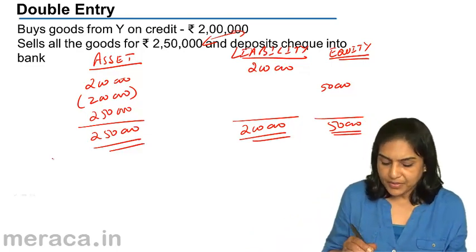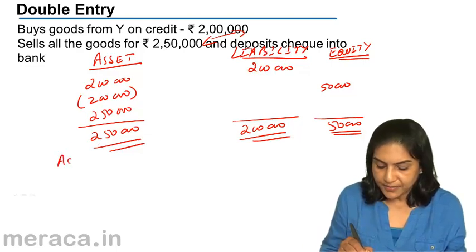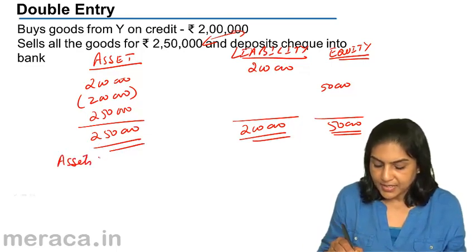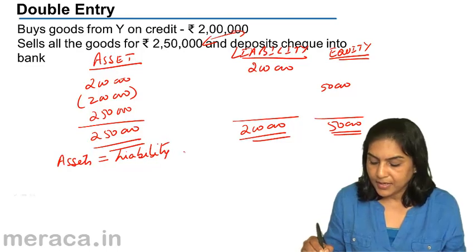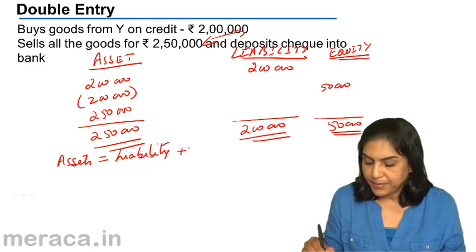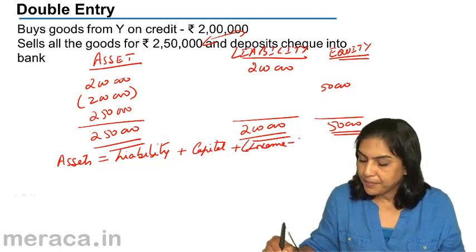So sometimes this equation is written as assets equal to liability plus capital plus income minus expense.